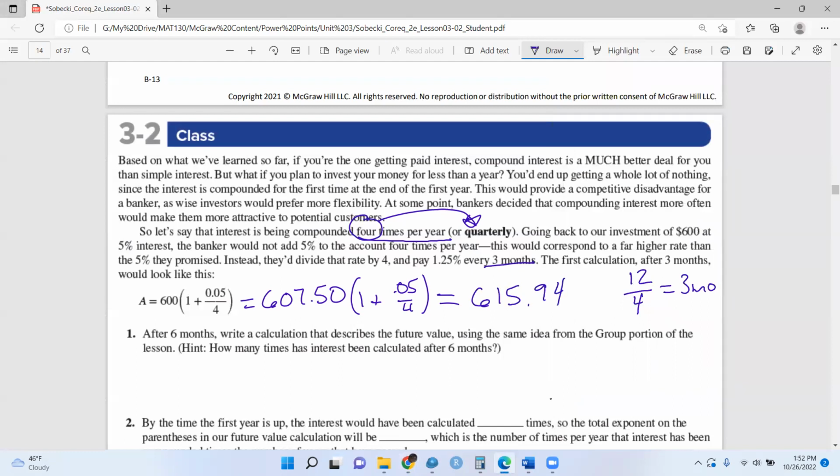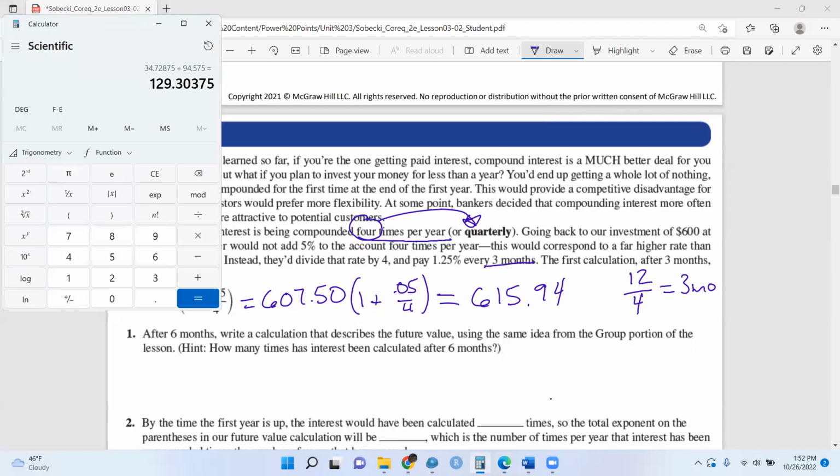Right, so we added another little portion in there. If we want to know how much interest, we would subtract the 607.50. 615.94 minus 607.5. We now added in 9.44. Where did that number come from? That was 1.25% of 750.